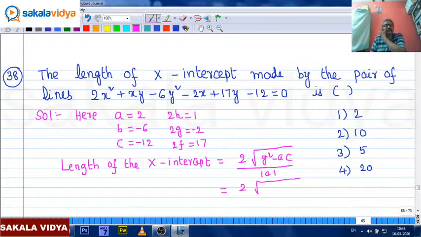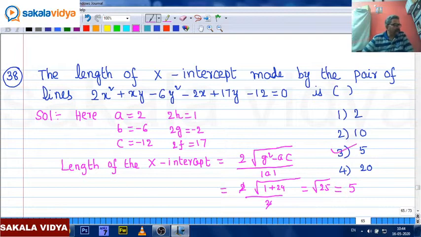G square means actually 1, you will be getting 1 square. So minus ac. Minus ac means minus 2 into minus 12, plus 24, by mod a is 2. 2 gets cancelled. Square root of 25 equal to 5. So this is the answer. Understood now? Option 3.